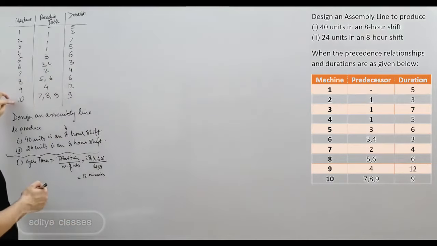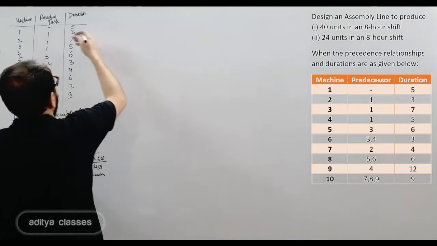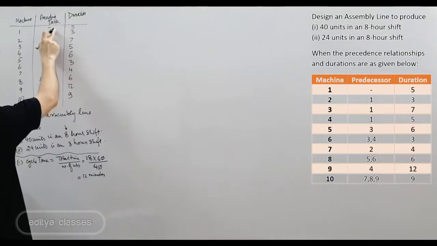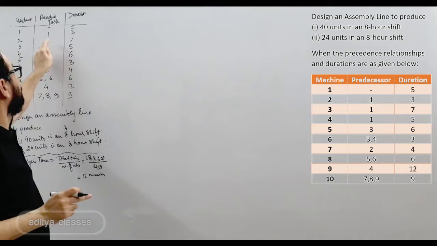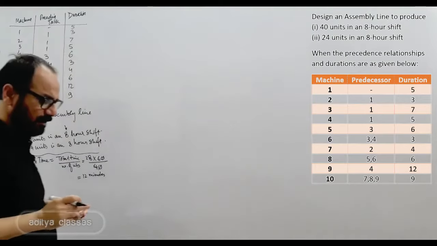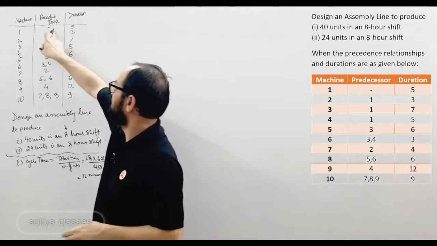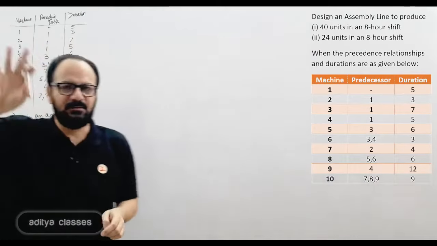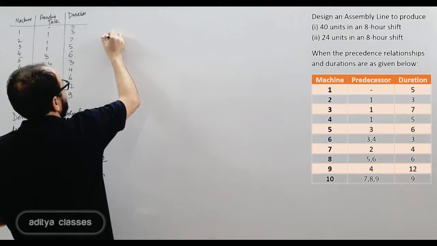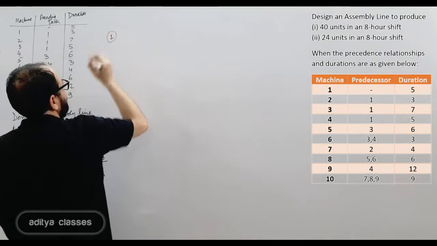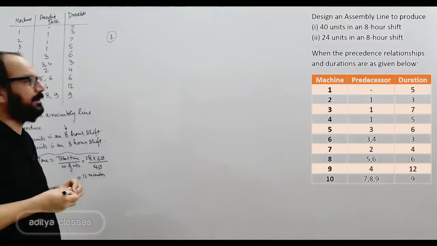We have 10 machines. Obviously, who is the one without predecessor? First machine is the one without any predecessor. It is not waiting for anyone. Who is the preceding task? None. So one is waiting for no one. So one can start straight away. We can have our one over here.